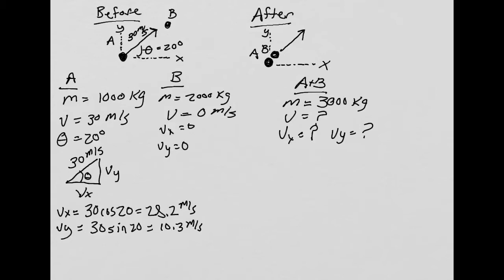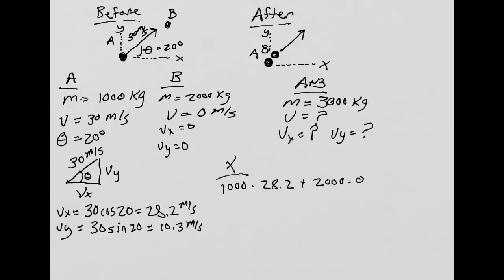So now our next step is to find the total momentum of the system before and after in every direction. So we have to do each direction by itself. So let's do the x direction first. So in the x direction, the momentum of A is mass of A, so 1,000 kilograms, times Vx, 28.2, plus the mass of B, 2,000 kilograms, times 0.